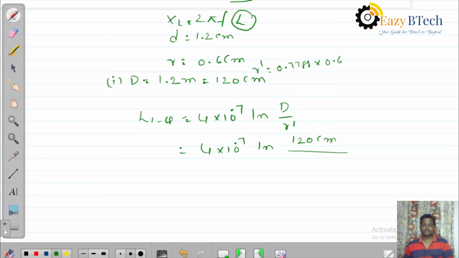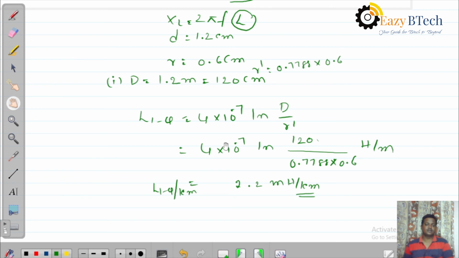Here no need to write the centimeters. If you calculate this, how much do you get? It is 2.2 millihenry per kilometer. Observe, this is the inductance of a single phase system per kilometer.